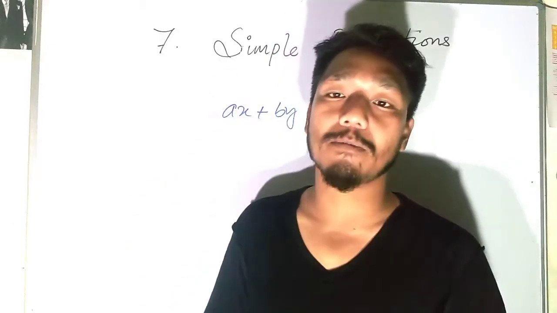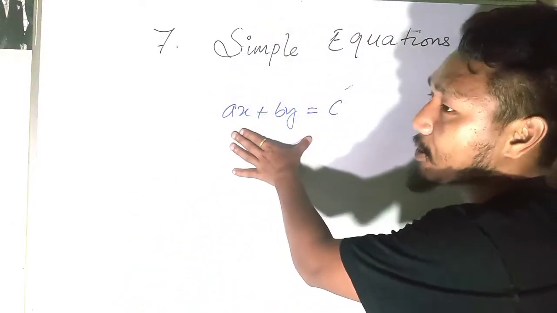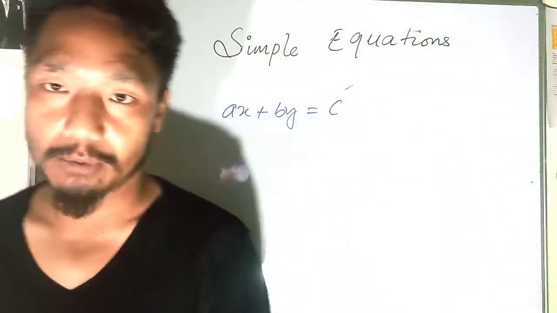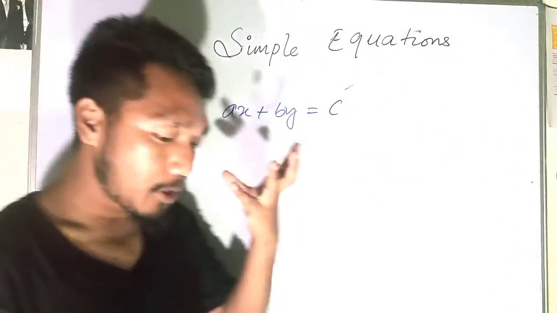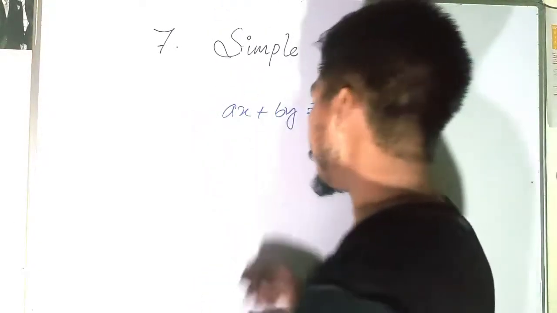This type of expression is what we call an equation. An equation is always satisfied by the left hand side and the right hand side.